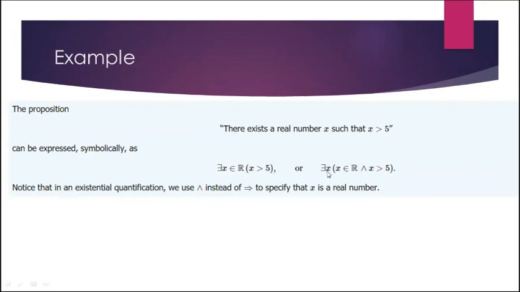Or there exists x such that x is an element of the real numbers and x is greater than 5. Notice that in an existential quantification, we use the AND symbol instead of implies to specify that x is a real number.